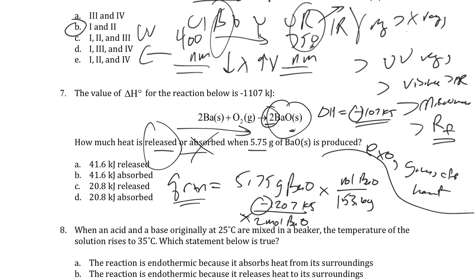Oh, it's not 12, it's 1107. Where did I write 1207 first? Just here. So it's minus 1107, not 1207. I wrote the number in wrong. Divide by 2. So it's negative 20.7. Did I round wrong? It's probably 20.8.